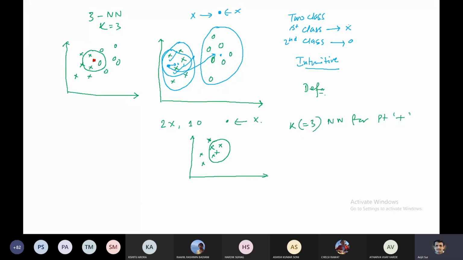And now what we are going to define, this k neighbor set, is basically Sx. So all these points, these 3 crosses. How are we going to define Sx?